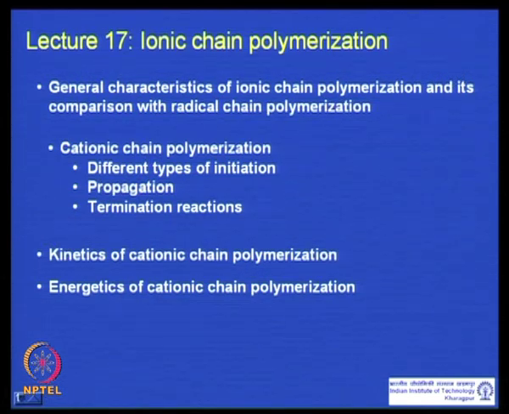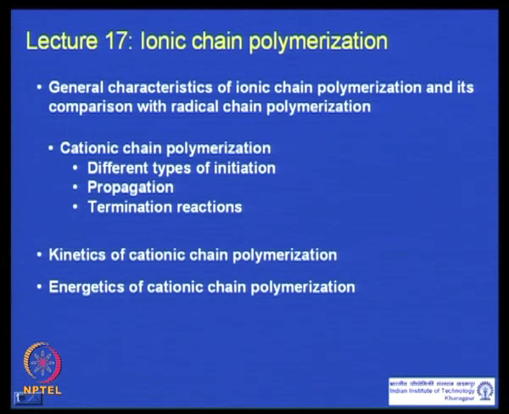with radical chain polymerization. Then we will go to cationic chain polymerization and talk about different types of initiation for cationic chain polymerization, and then go to propagation and termination reactions in cationic chain polymerization.